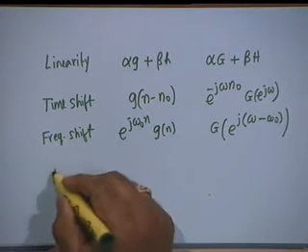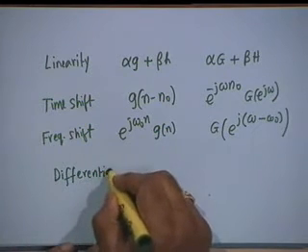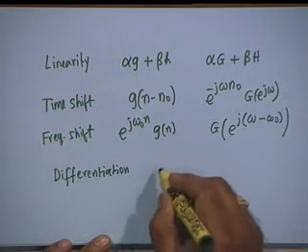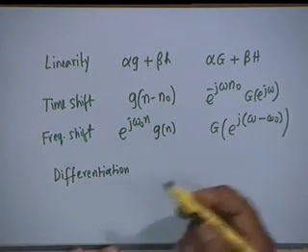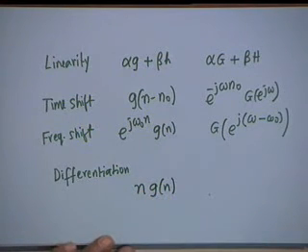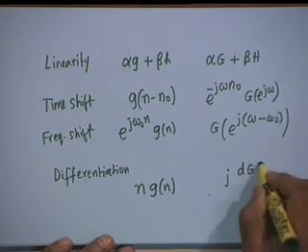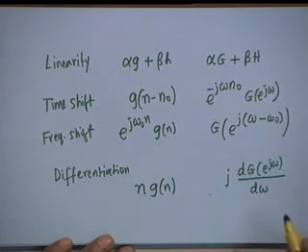Okay. Then differentiation in the frequency domain, that is, differentiation or multiplication by n, either way. If you multiply a sequence g of n by n, then the corresponding Fourier transform is j dG of e to the j omega with respect to omega.